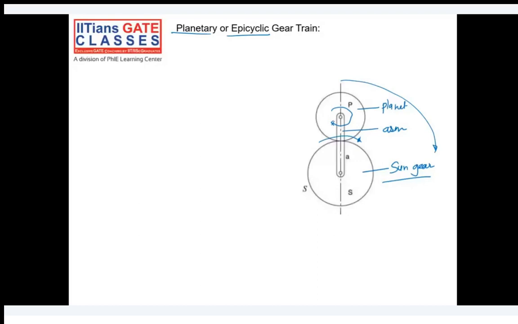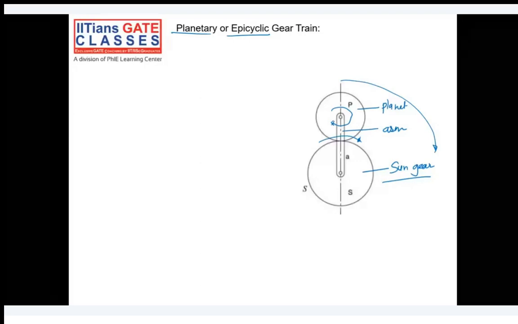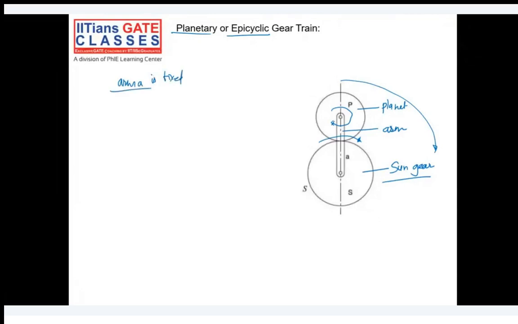So what will happen if I fix arm A? Here we have three things: one is the arm, we have a planet, and we have the sun. I'll remove this. Suppose this arm is fixed. What will happen? Yes, it will become a simple gear train.